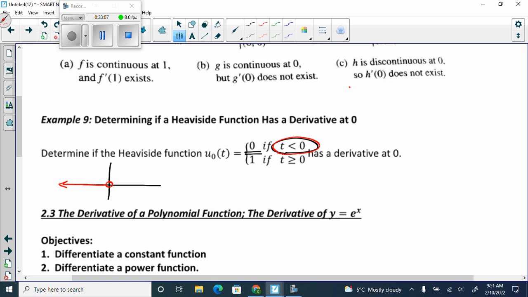That's this one. This one is equal to, but it makes the line y equals 1. Done. Is there a derivative at 0? No.